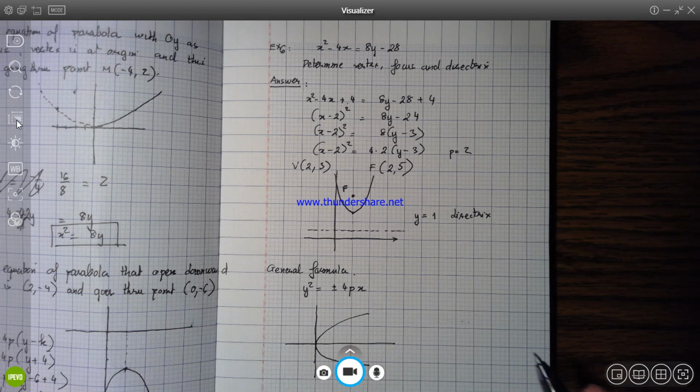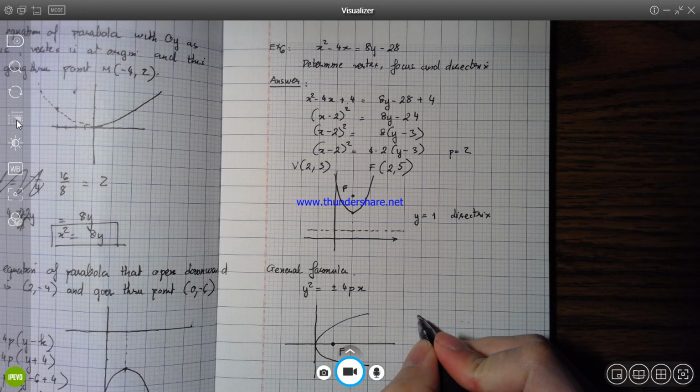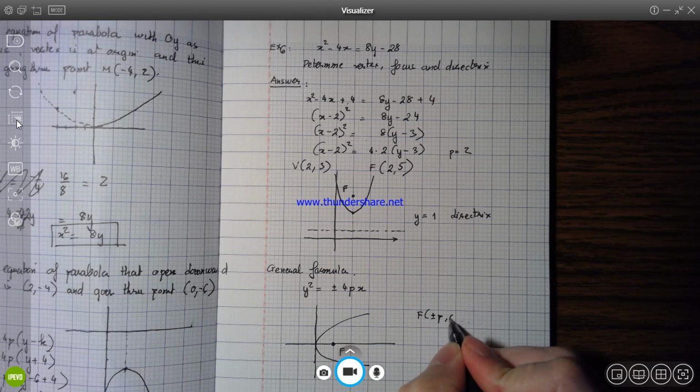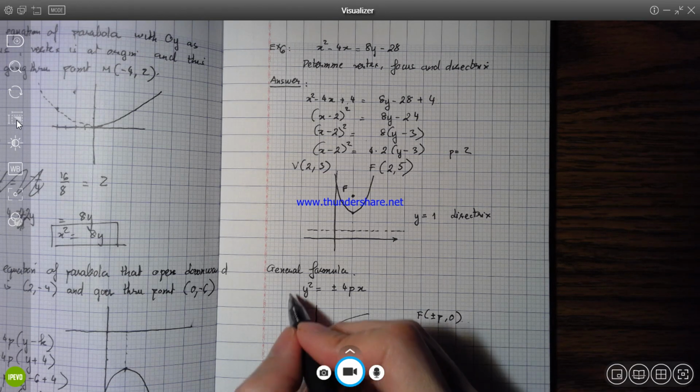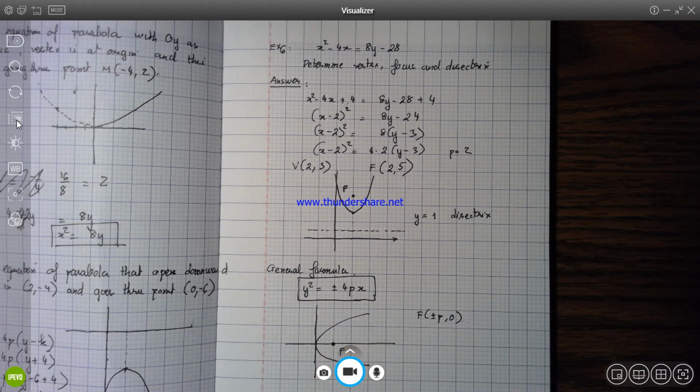So the focus F must be around here. We don't know where, but F must be on the x-axis. It means that the coordinate of the focus F will be plus or minus p, 0. I'm gonna box this formula, the equation. And the directrix will be around here.